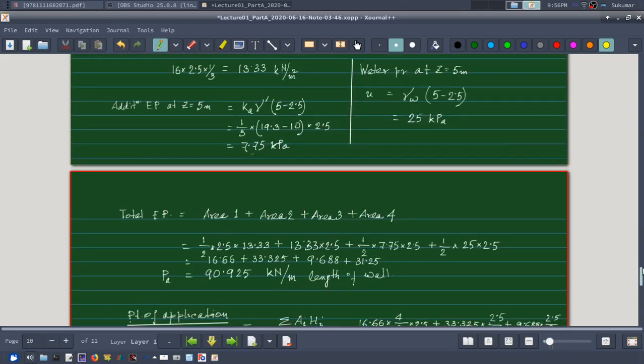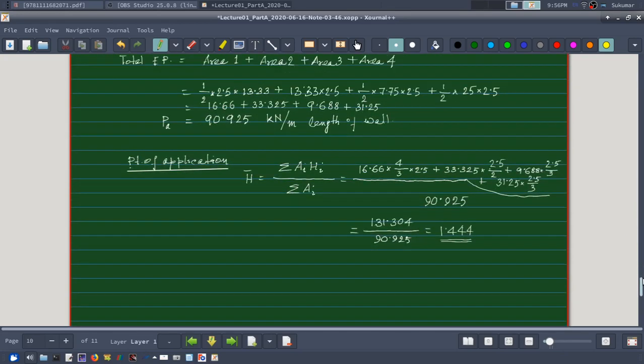Okay, so you can write that the earth pressure distribution is shown in, say, figure 2. Let me number it as figure 2.